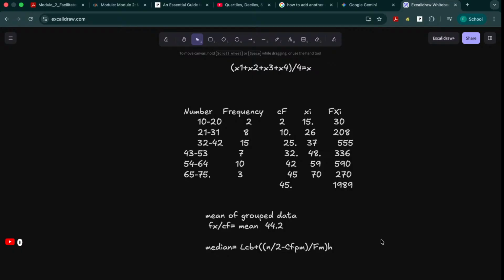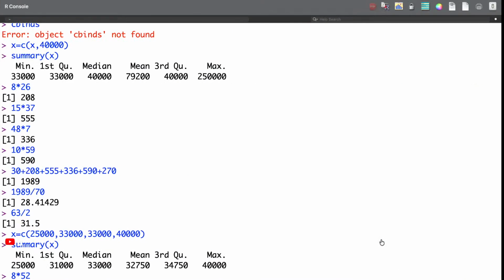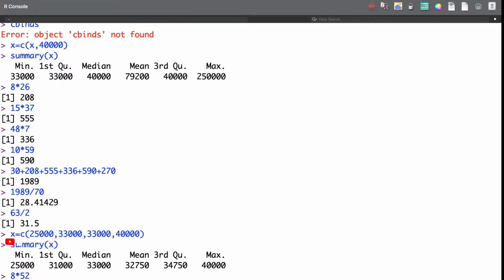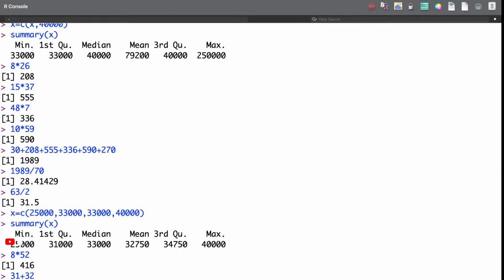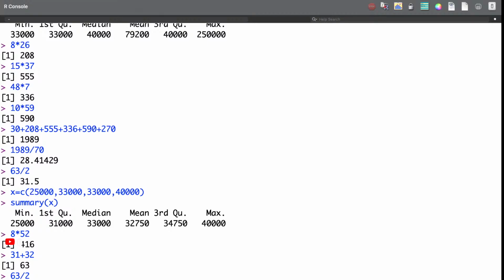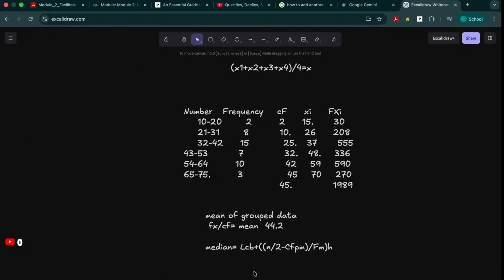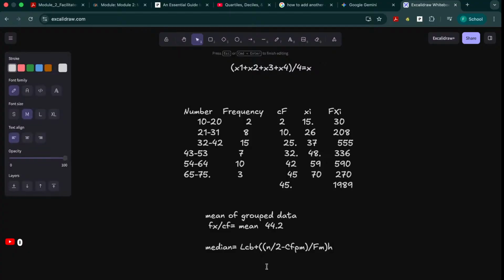So let's do that. We have 31 plus 32, then 63 divided by 2. So that is our lower class boundary. We can write the lower class boundary as 31.5.